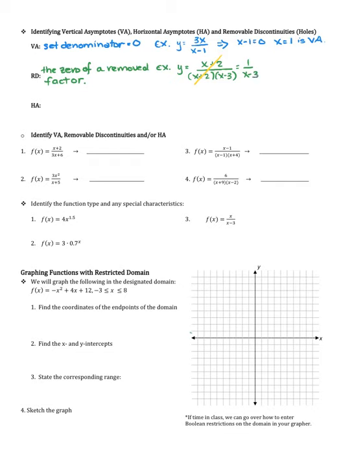So we have to somehow represent the fact that in the original function, you had something that would have made your denominator 0. So we take that removed factor of x plus 2, set it equal to 0, and that tells me that at x equals -2, I'm going to have a hole on my graph.